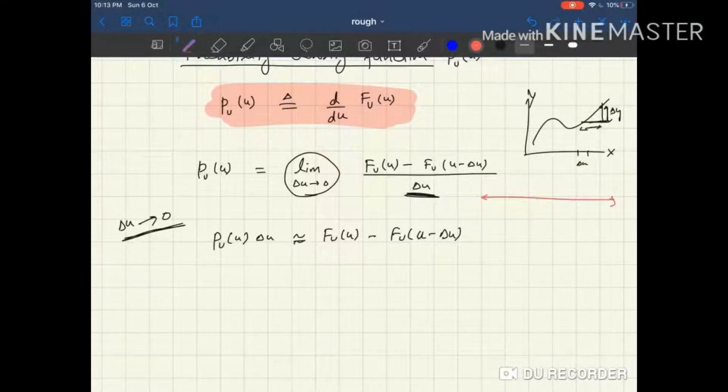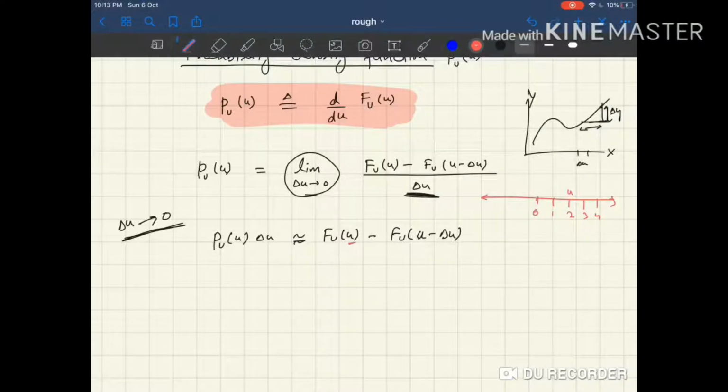Let's start from 0, 1, 2, 3, 4. Suppose these are the possible values of the random variable, the small u, which was a function of the outcomes. Suppose you define this as u here.